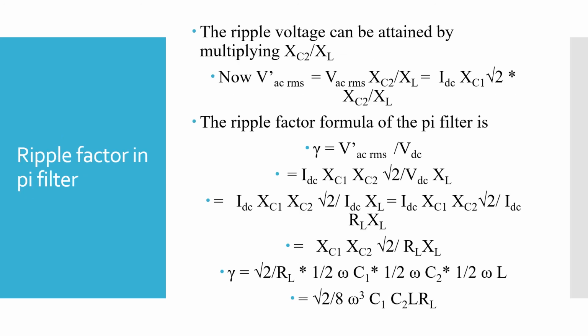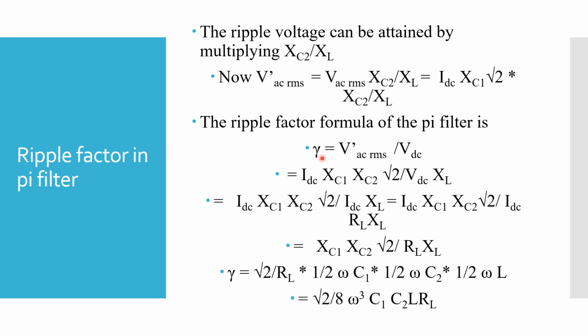Now, the ripple voltage can be attained by multiplying simply XC2 by XL in the VAC RMS equation. So simply what we are going to do, we are going to multiply this VAC RMS value by XC2 by XL. So simply substituting these values, this is IDC XC1 root 2 into XC2 by XL. So this is about VAC RMS, and we know the formula for ripple factor.